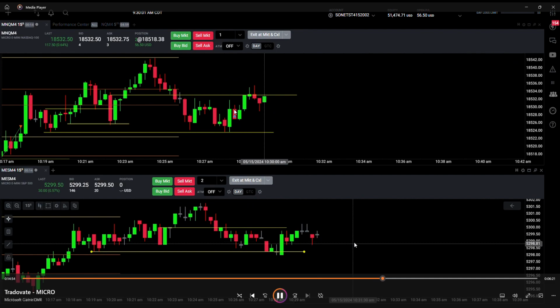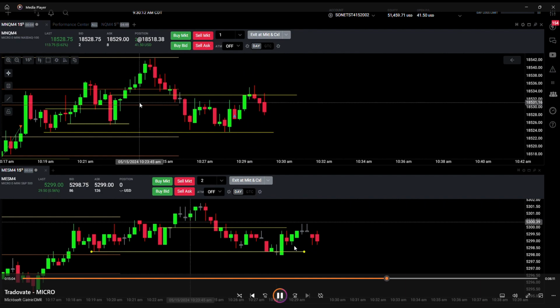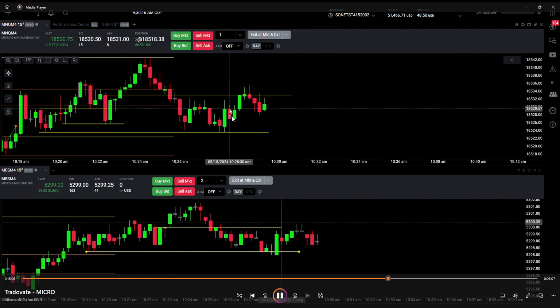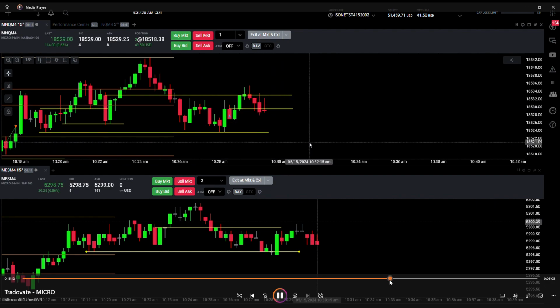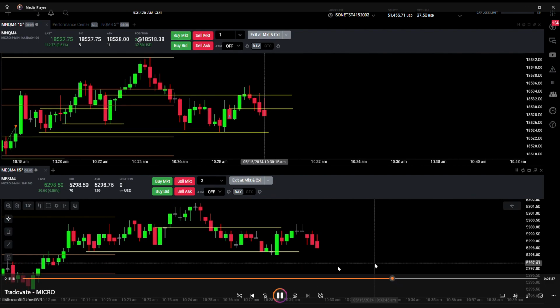Bullish order block. It's close to creating divergence here too. It does create divergence there.